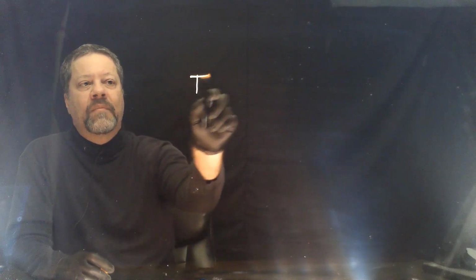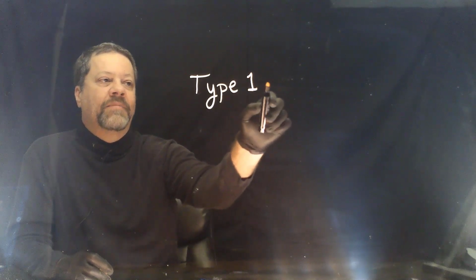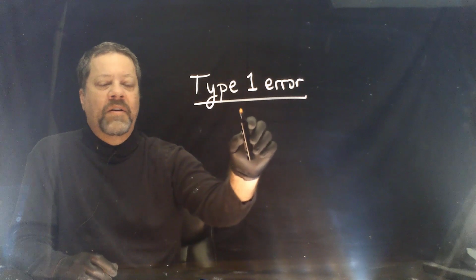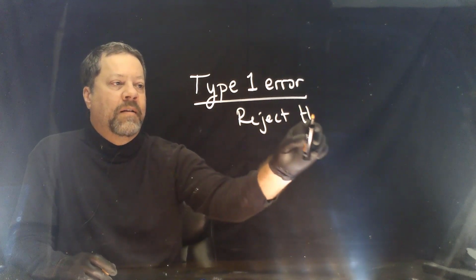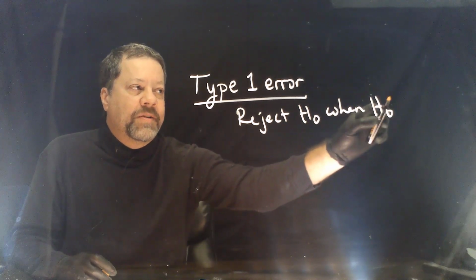However, we do have this notion of type 1 error and also type 2 error. Remember that type 1 error is when you reject the null hypothesis when the null hypothesis is true.